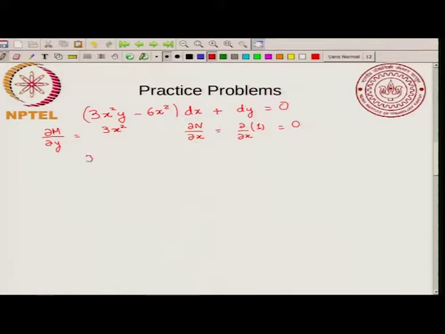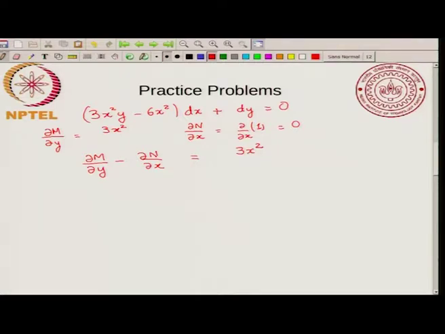Now if I take dou m by dou y minus dou n by dou x, if I take this difference, then I find that this is equal to 3x square, because dou n by dou x is 0.